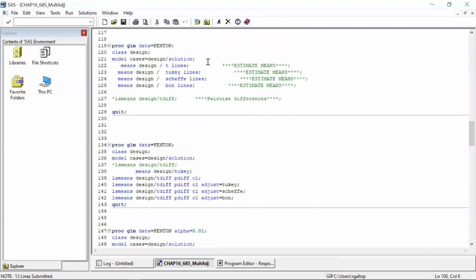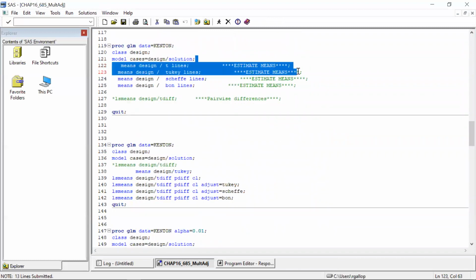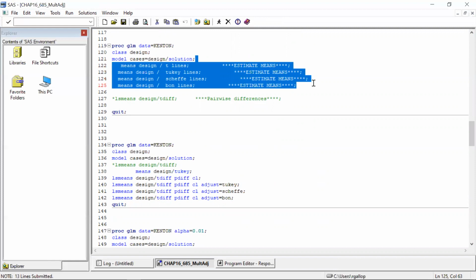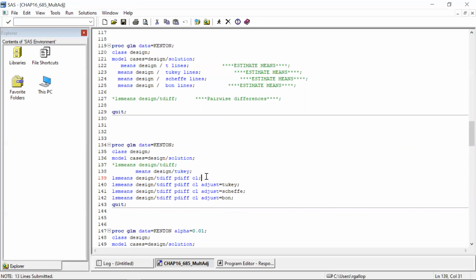Now, there's no reason not to do them all in one block of syntax. Line 122, unadjusted. Line 123, Tukey adjusted. 124, Scheffé adjusted. 125, Bonferroni adjusted. You could do it in either the MEANS statement or the LSMEANS statement. I prefer the LSMEANS statement.